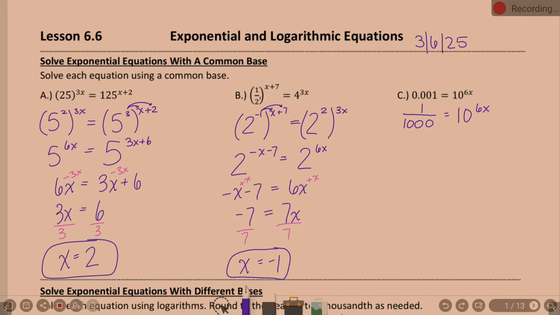On the right, we already have 10. 10 is 2 times 5. There's no way to write it with exponents, okay? 10 is just 10. But 1,000.